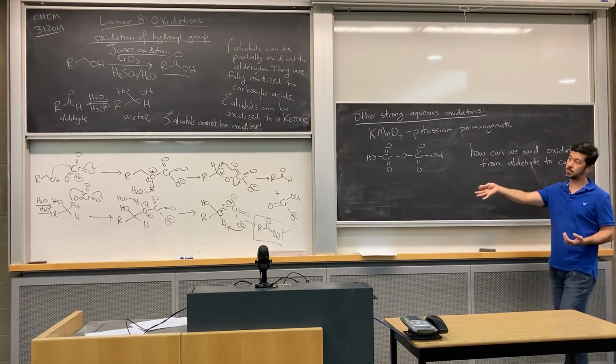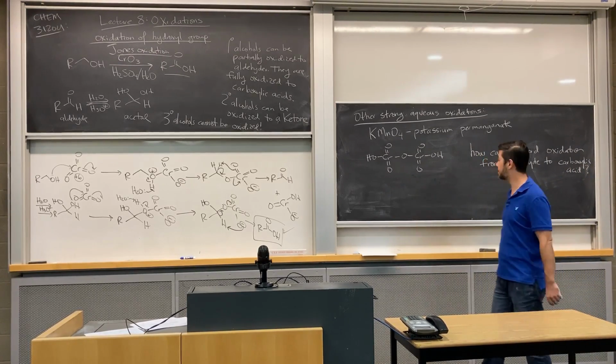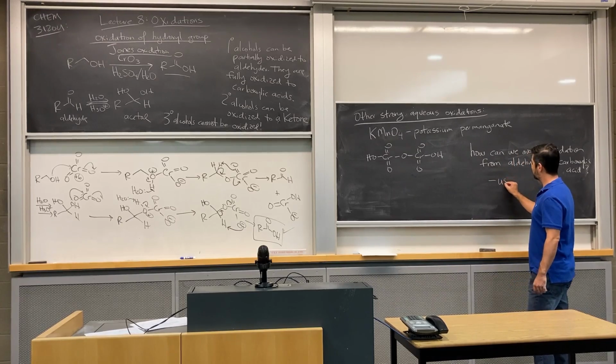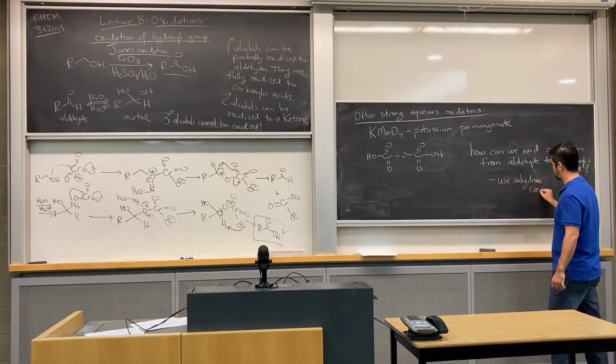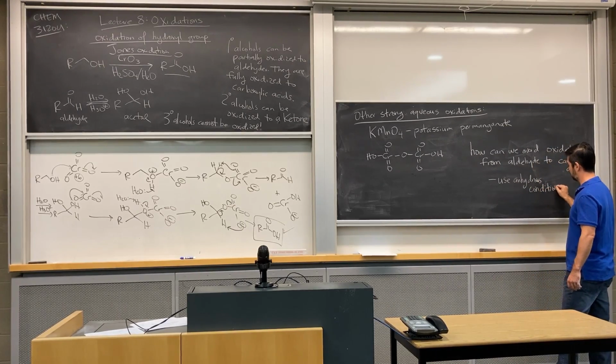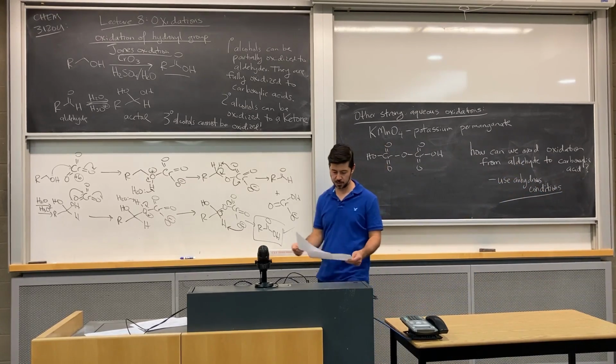Well, the obvious thing to do would be to look at what's needed. You need water for that to happen. So use anhydrous conditions. Okay, so do something where you don't have water in solution.